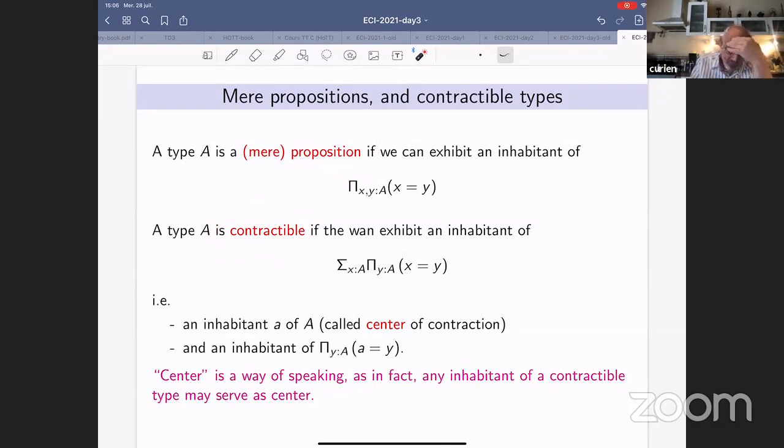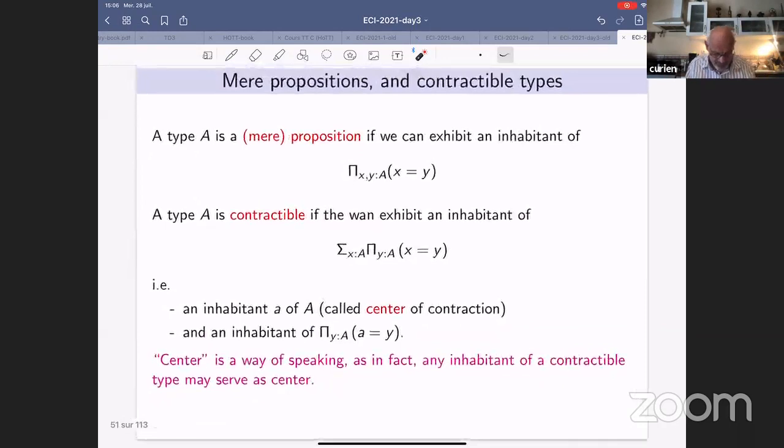That's very intuitive, because a proposition can be inhabited or not inhabited, while a contractible type is essentially a proposition which is moreover inhabited, and we will have a theorem saying that later on.